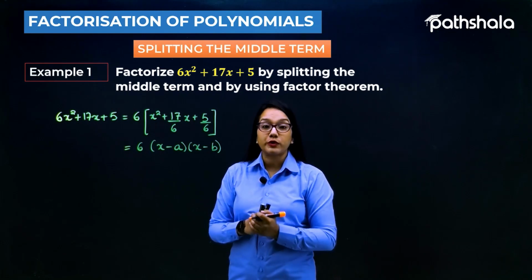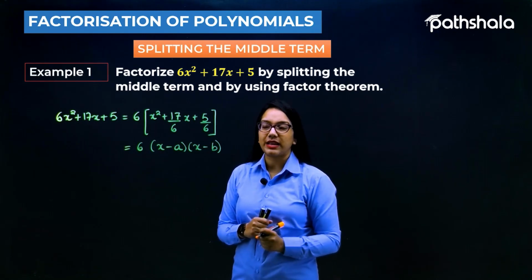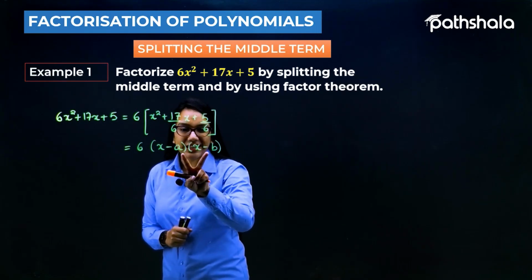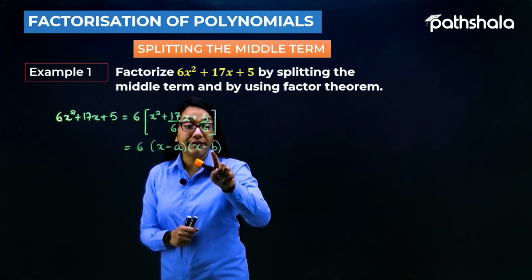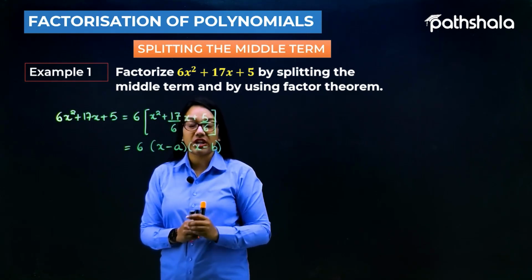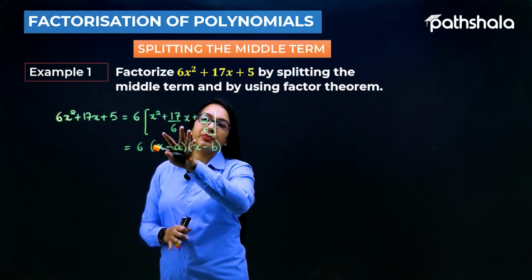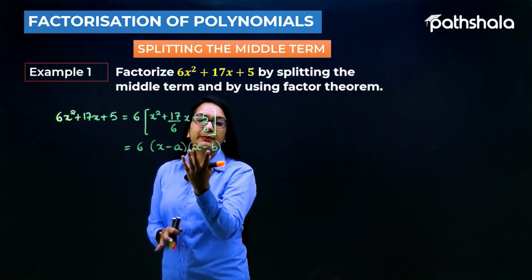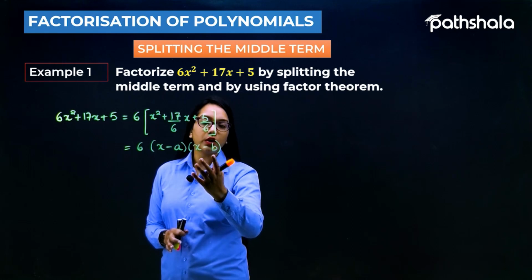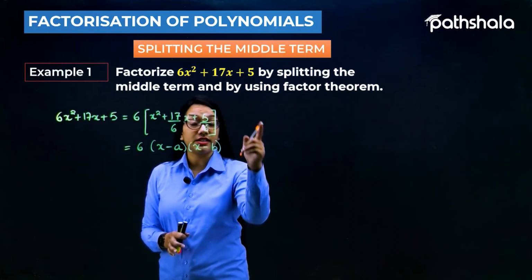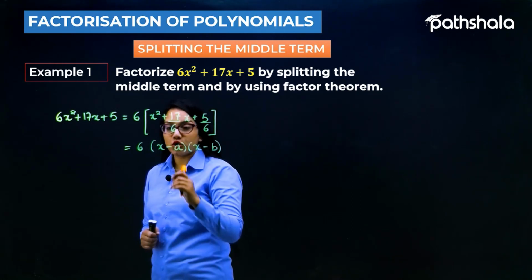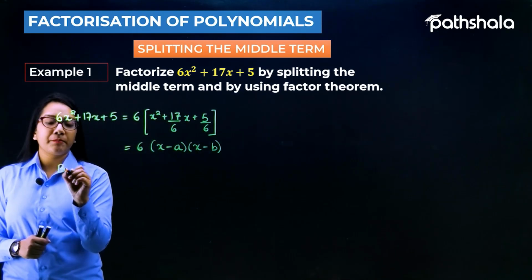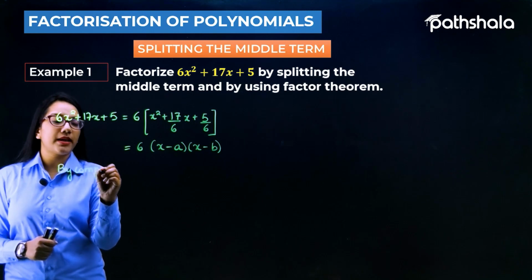So by comparison, we can say that the product of the constant terms a and b should definitely be equal to 5 by 6. If we expand this polynomial, the product of the constants a and b should mandatorily be equal to 5 by 6.